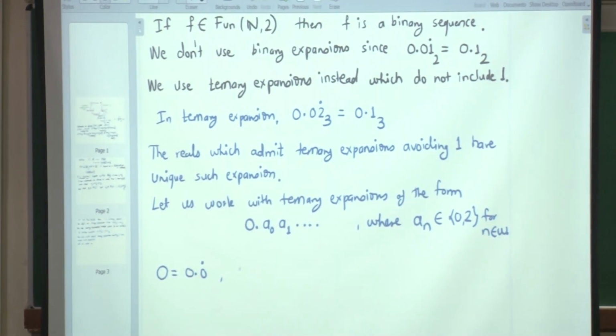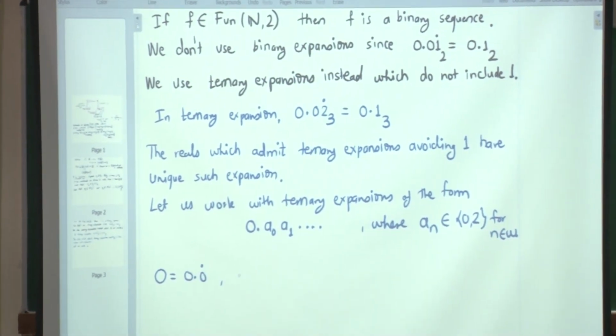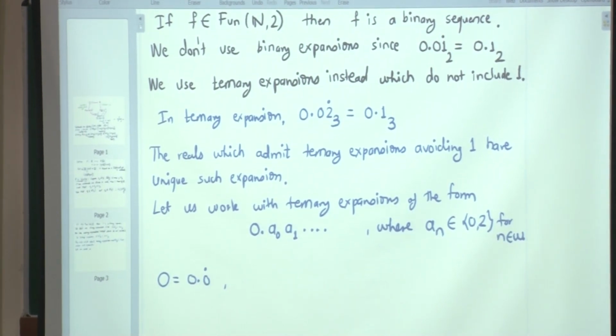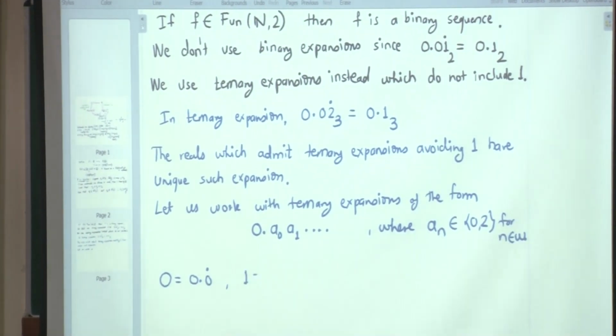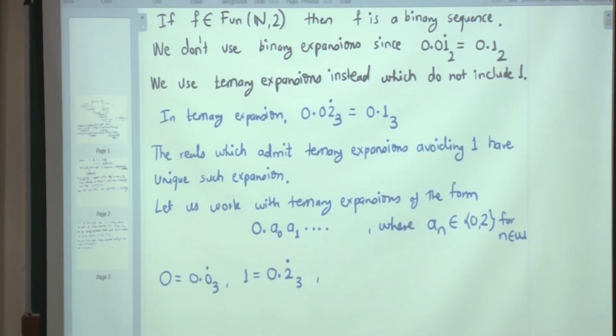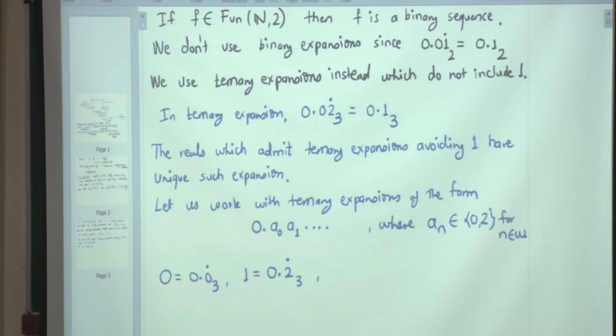Can 1 have a ternary expansion that avoids 1? 0.2 repeating. Yes, very good. 1 is equal to 0.2 repeating in base 3. I should write this 3 at the bottom. Can half have a ternary expansion which doesn't include 1?